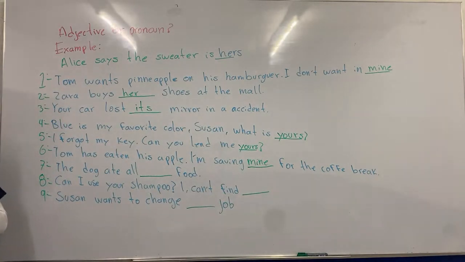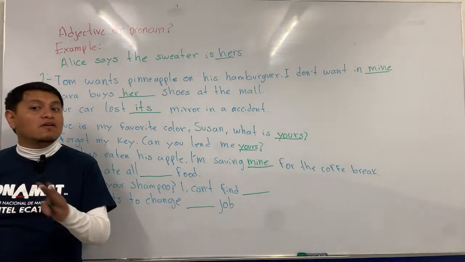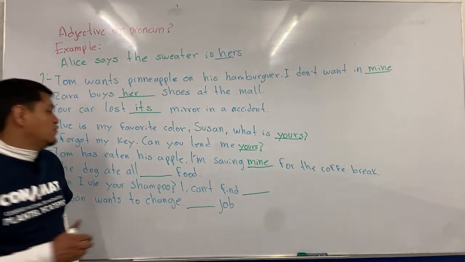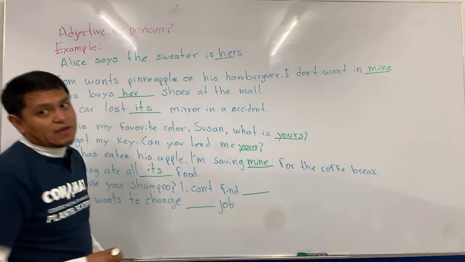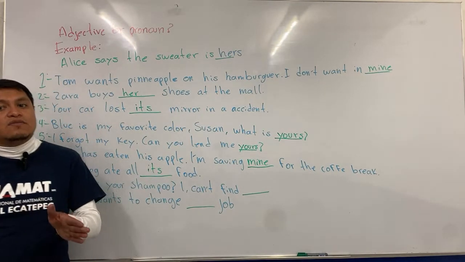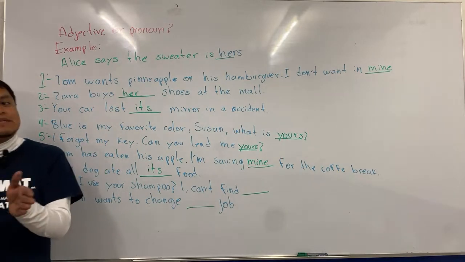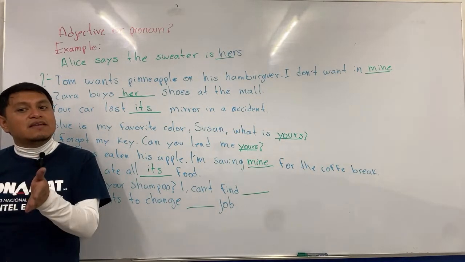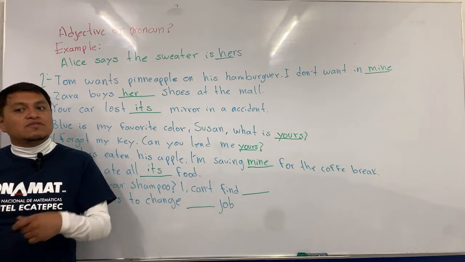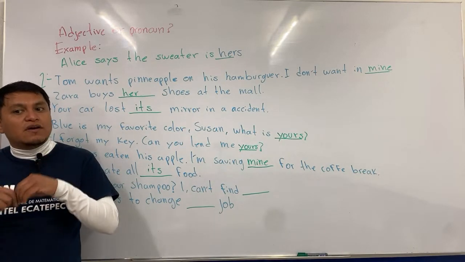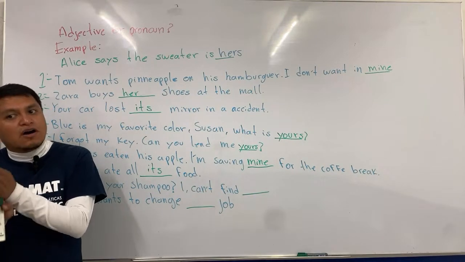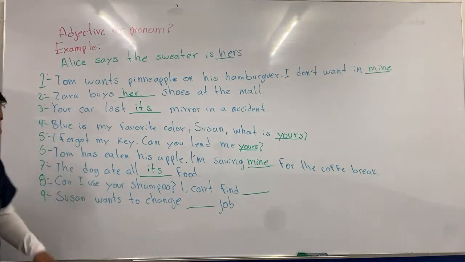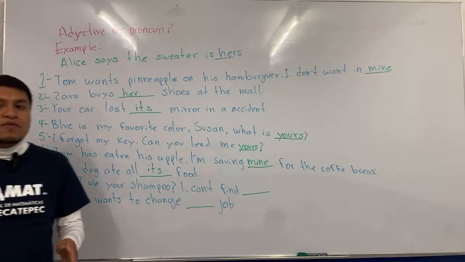Seven. The dog ate all its food. In this case, the possessive adjective is used to describe the owner or the belonging, the food of the dog. Next, can I use your shampoo?